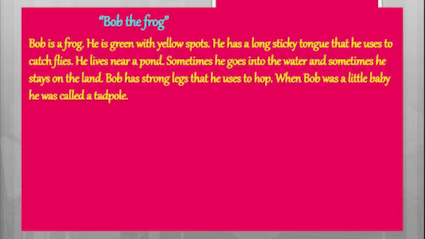Bob has strong legs that he uses to hop. Hop means jump. So Bob has strong legs that he uses to jump. When Bob was a little baby, he was called a tadpole.